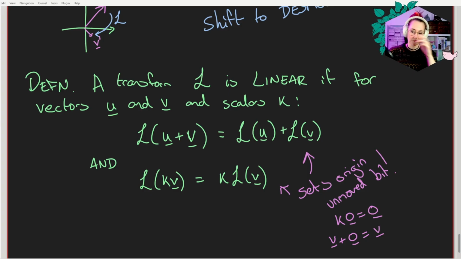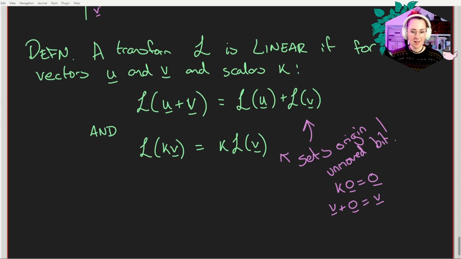So both of those rules of vector algebra mean that the linear transform doesn't move the origin. Good spot. Okay. How on earth does this connect to matrices?